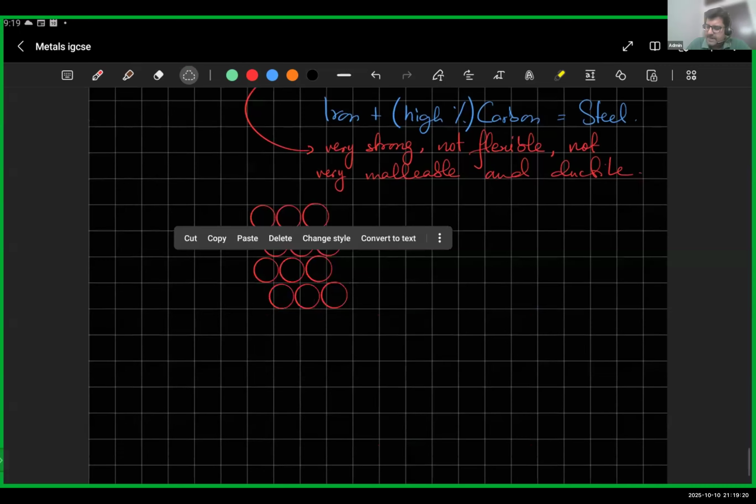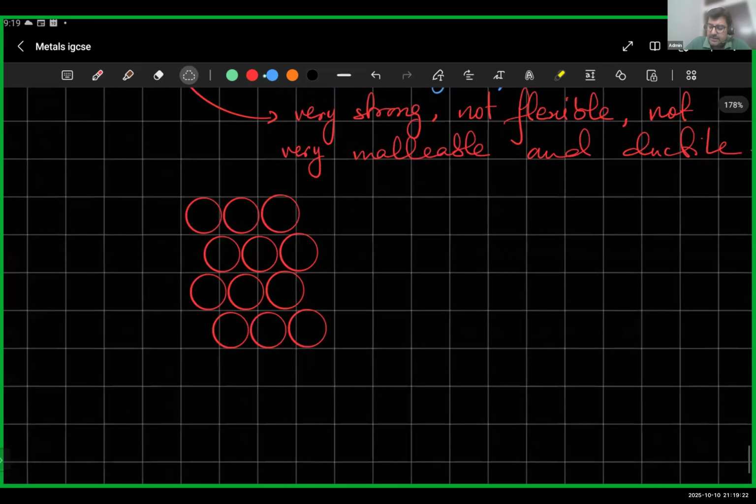So it's a lattice. It's a very regular, neat lattice of positive ions in a sea of mobile electrons. Metals like to lose electrons, so the electrons are buzzing around, freely moving around, delocalized, which means they can be anywhere. So between the gaps, the electrons are all.